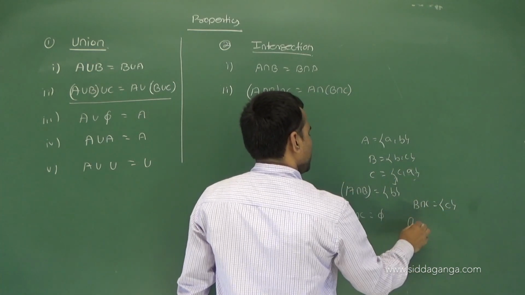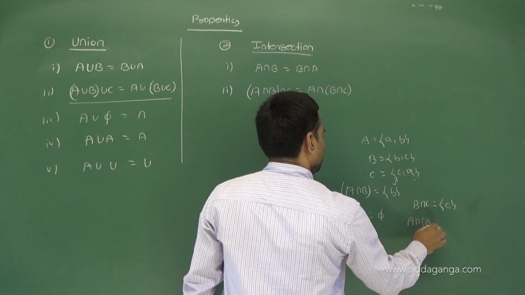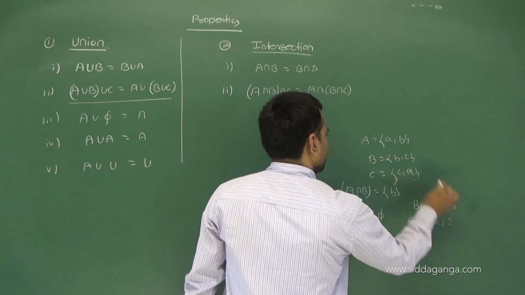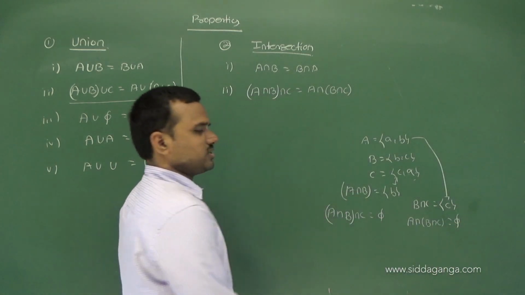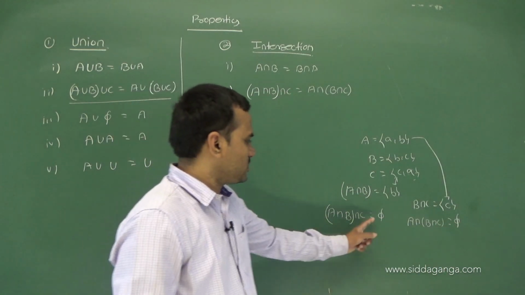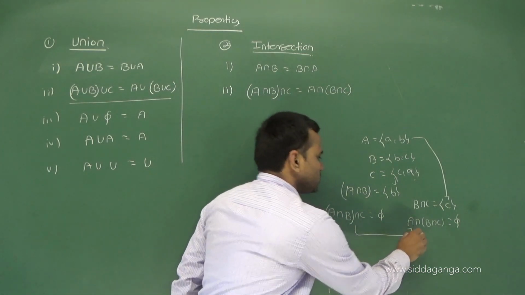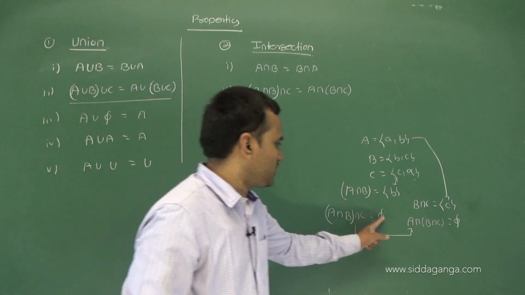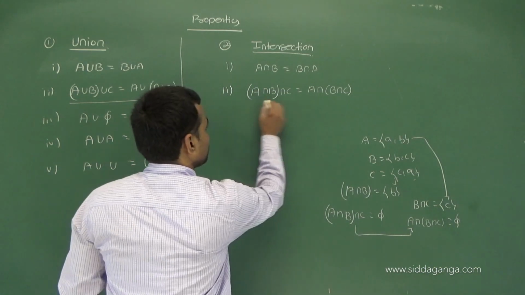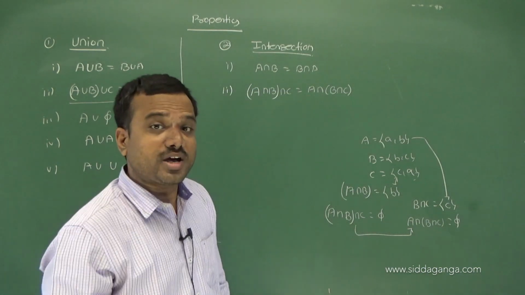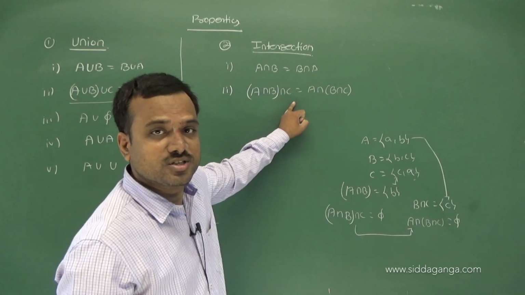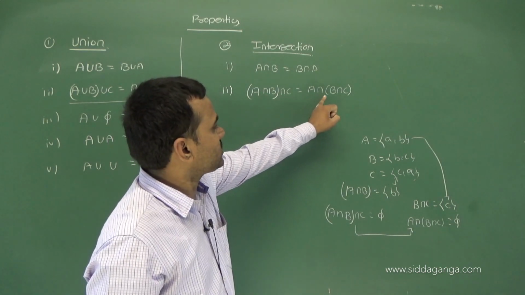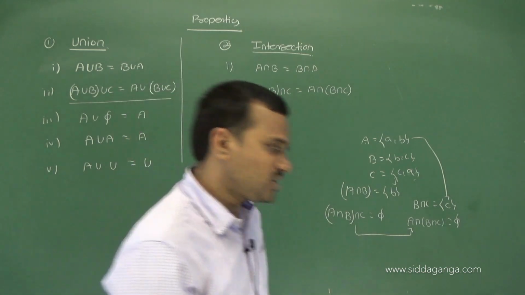Then A ∩ (B ∩ C). Combining these two sets, there are no common elements. That is what? Empty set. See the result of the RHS: empty. So one more very important property, the associative property. (A ∩ B) ∩ C is equal to A ∩ (B ∩ C).